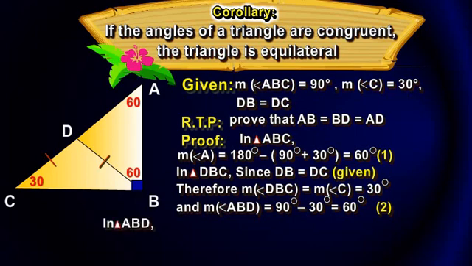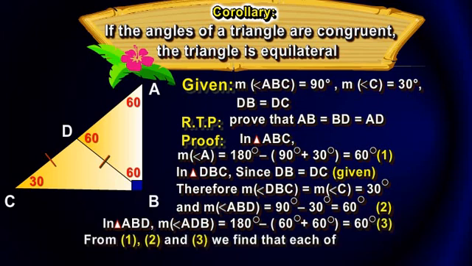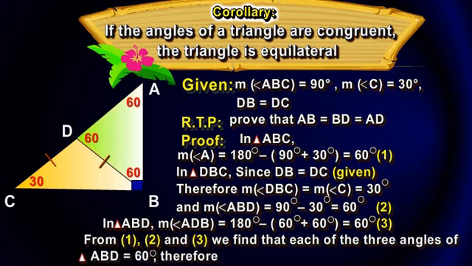In triangle ABD, measure of angle ADB equals 180 degrees minus (60 degrees plus 60 degrees) equals 60 degrees. From these results, we find that each of the three angles of triangle ABD equals 60 degrees. Therefore, triangle ABD is equilateral.